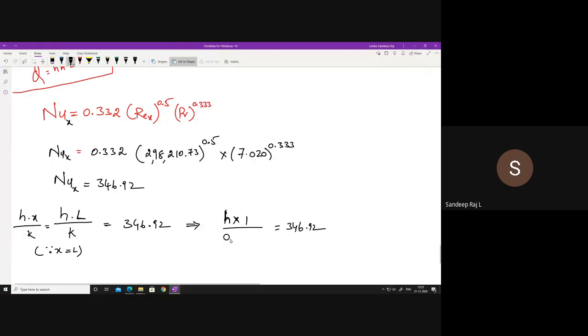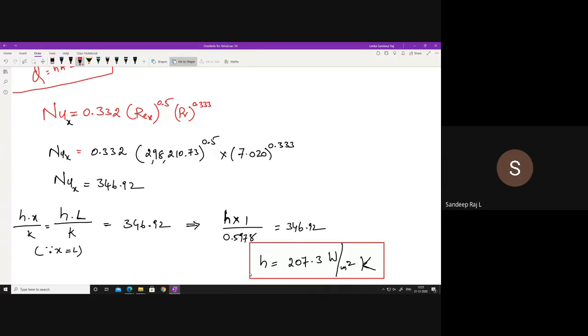You will get it as 0.5978. So what is the H value? 207.3 watt per meter square Kelvin. Okay, this is your H value, which he is asking in the question. So you are done with H.